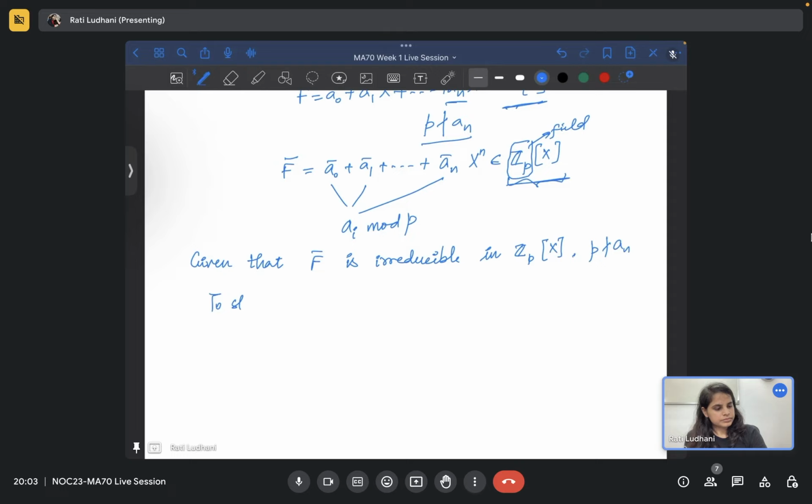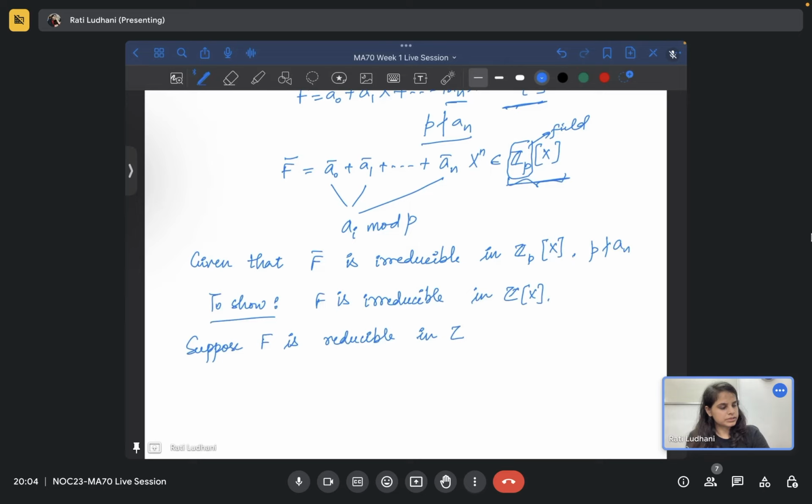Suppose f is reducible in Z[x]. What does that mean? You get some g(x), h(x) in Z[x] such that degree of g(x) is greater than or equal to 1, and degree of h(x) is greater than or equal to 1.